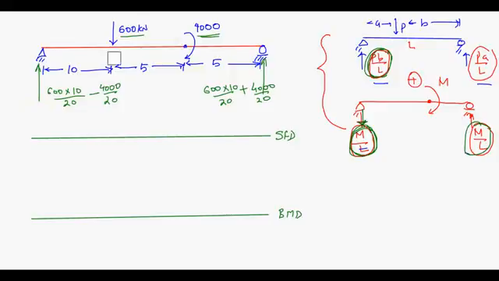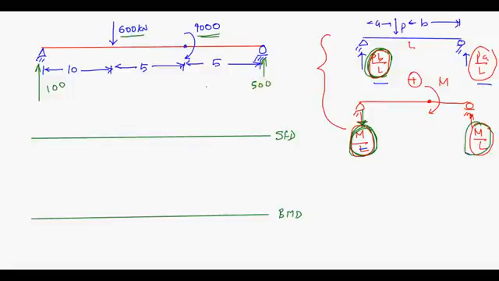You understood what I have written. The value that will come out is 100 here, and the value that will come out here is 500. Now you know the reactions.